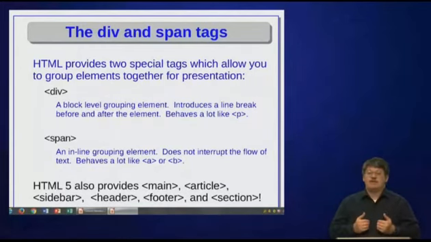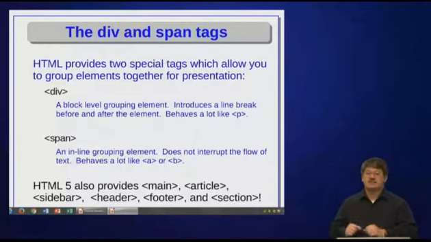In HTML4 and XHTML, div and span were pretty much all you had for doing grouping. And so you use them for everything. But in HTML5, we have a bunch of new tags that are intended to be used for this purpose. So for example, there's a main tag that identifies the main content of your document, and you can style it in a particular way by just using the main selector. There's an article tag for things like blog posts to distinguish between them.